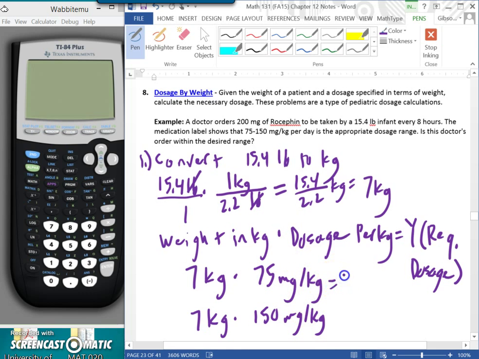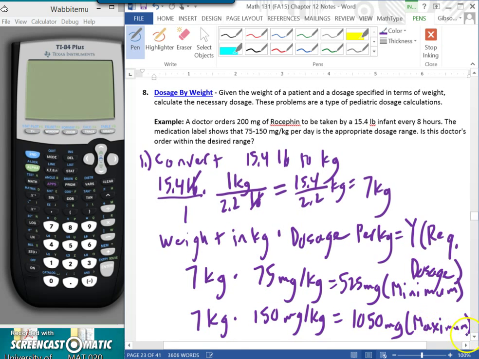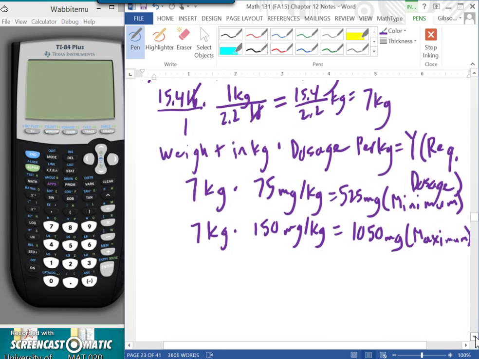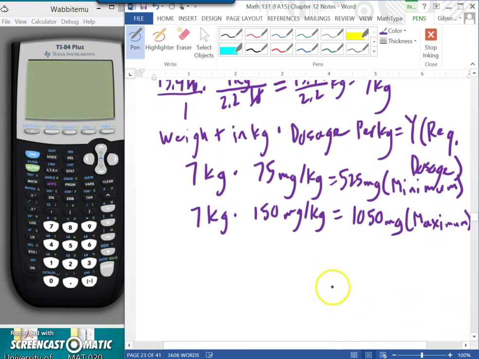This will give us 525 milligrams, and this will give us 1,050 milligrams. This is the minimum dosage, and down here is the maximum dosage. So now we know our minimum and maximum dosage.